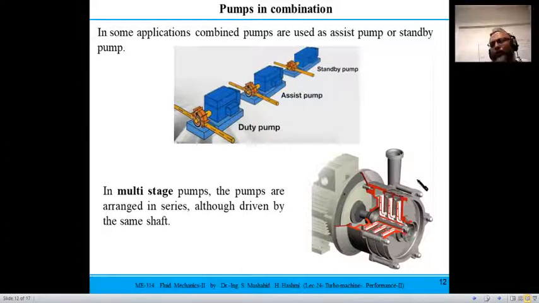If some heat is generated, then you need to use intercoolers so that the temperature of the fluid goes down. But usually that happens in reciprocating type compressors when you do the multi-staging. In centrifugal type, you don't have much flow rate, but you have a higher pressure or higher head.